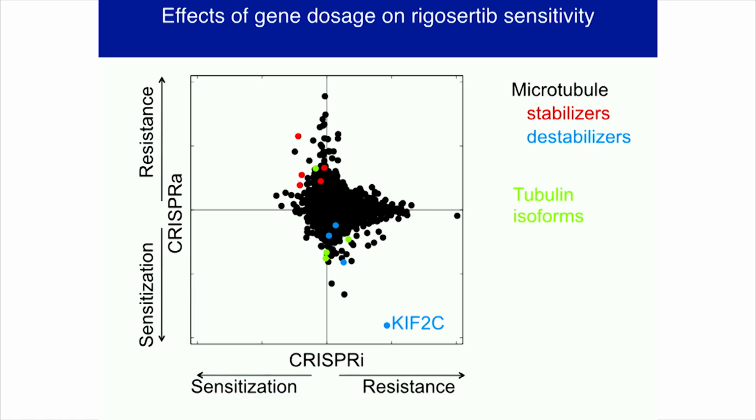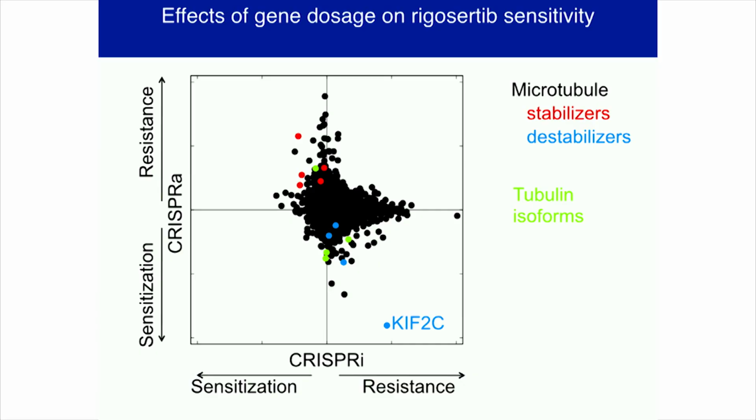And in summarizing quite a bit of data, each of these is a gene, and what we see is the effect of either overexpressing in the CRISPR-A axis or inhibiting that gene in the CRISPR-I axis, the effect on sensitization. And so most genes have no effect in either screen.